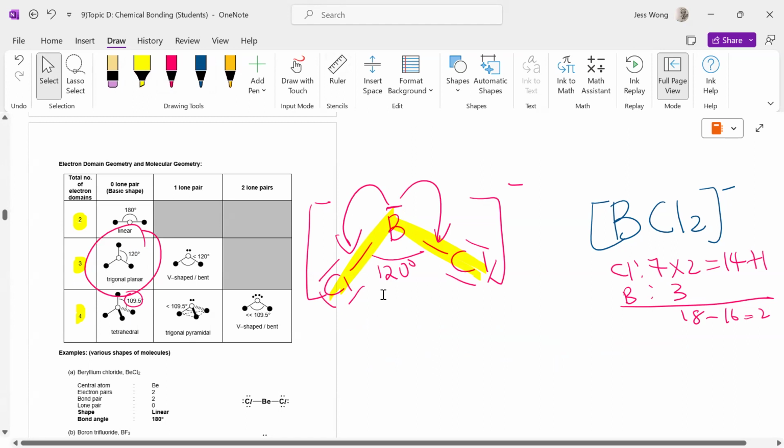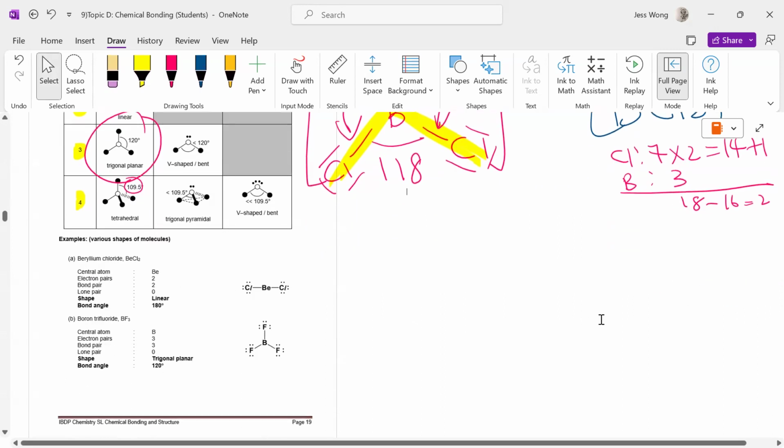So we expect it to be smaller than 120. But we are not allowed to write smaller than 120. You have to write a number. A possible number you may write is maybe 118, 117. Anything that is logical. If you don't know what is logical, then for every lone pair, you minus 2 degrees. That is one way.